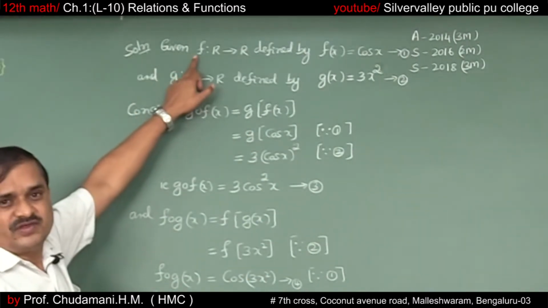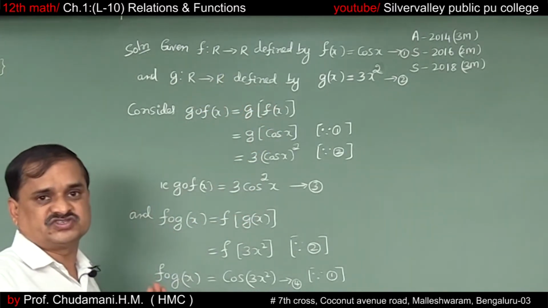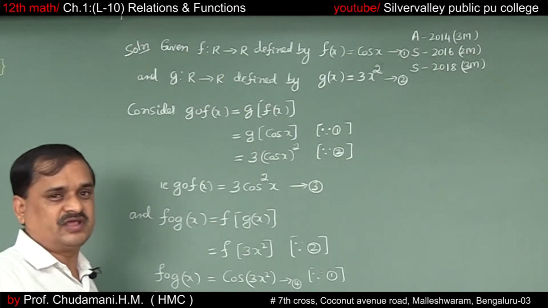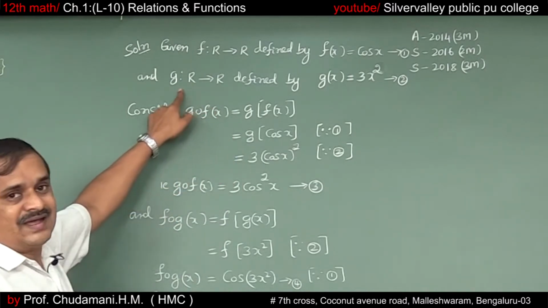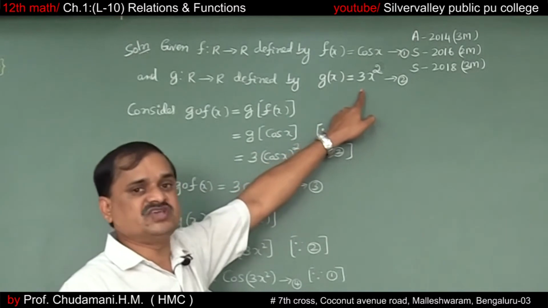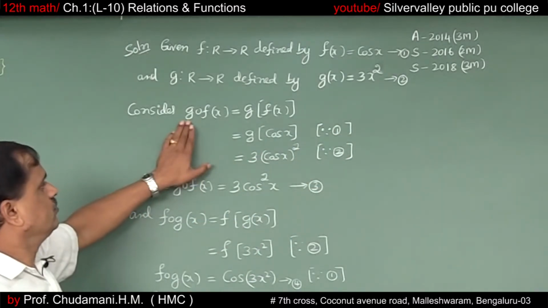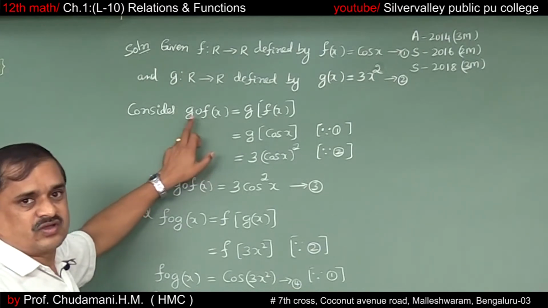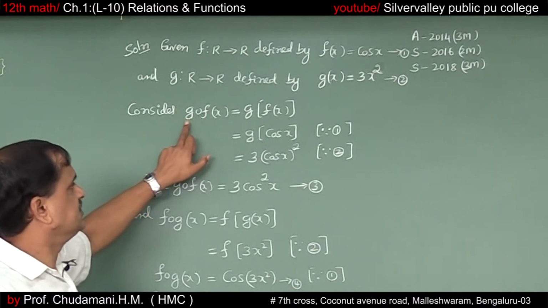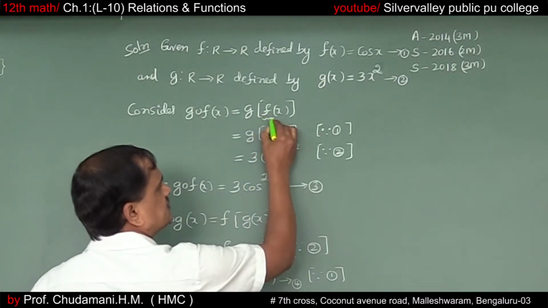Okay, the given function f from R to R defined by f of x is equal to cos x. Let me name it as 1. And another function g from R to R defined by g of x is equal to 3x square. Say 2. So now GOF of x, composition of f and g, g of f of x. Observe f of x.